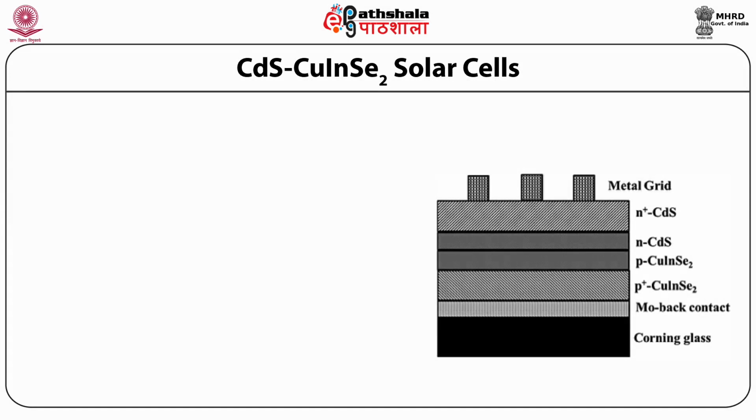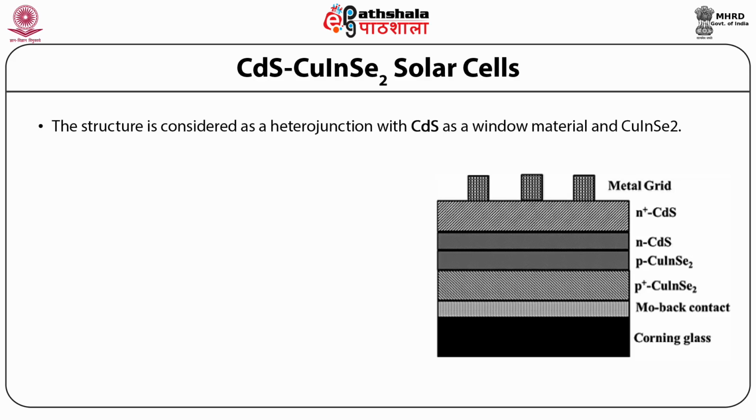Cadmium sulphide, copper indium selenide solar cells. In this type of solar cell, the structure is considered as a heterojunction with cadmium sulphide as a window material and copper indium selenide.